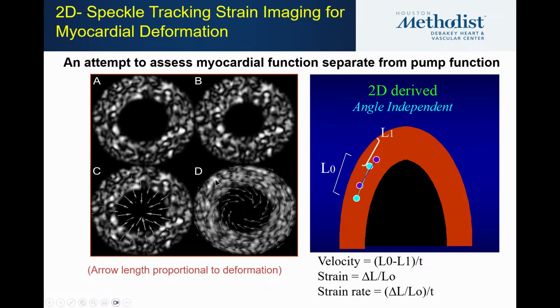And therefore, you could do circumferential strain because you're following the movement of a pixel around the circumference of the heart. You can do radial because you can follow that pixel as it moves inside towards the center of the heart from diastole to systole, and that radial strain is like a systolic thickening, okay? And then in the apical views, you can do the longitudinal strain, which is along the longitudinal aspect of the LV.